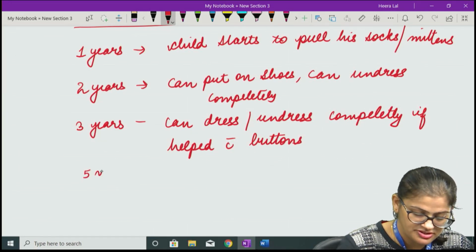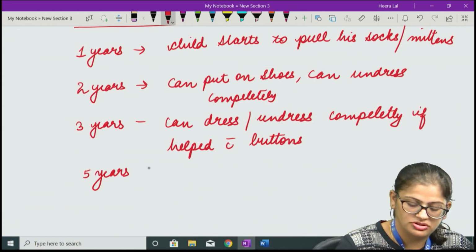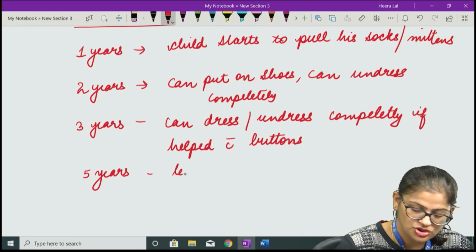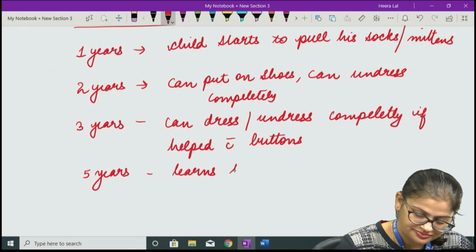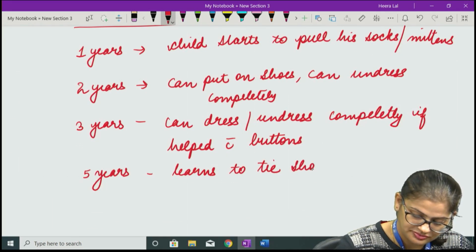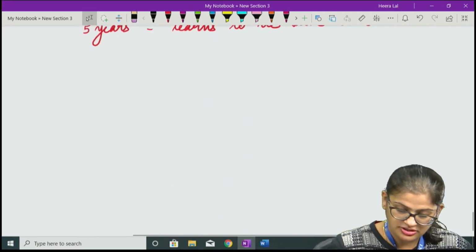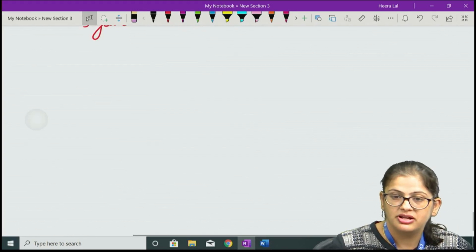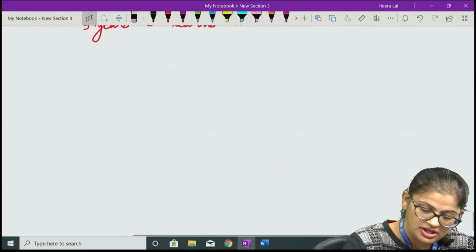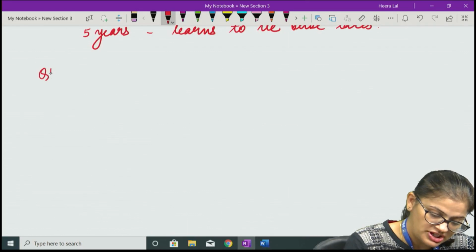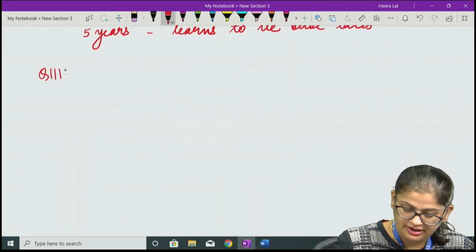And by 5 years, the child will also learn to tie shoelaces. So this was about dressing and undressing, and tying shoelaces can be done by the time the child is 5 years of age. So next we come on to question number 111.